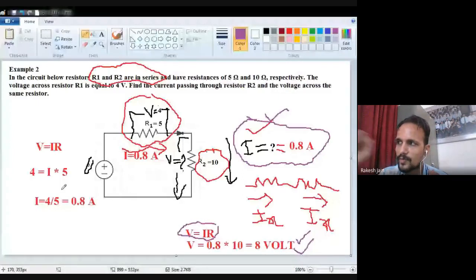We put a 5 ohm resistance and a 10 ohm resistance in series, use a battery, and put a 4 volt across the R1 resistance. Then by connecting the multimeter across this 10 ohm resistance, the voltage will be 8 volt, and we will prove that these kinds of numericals exist because of Ohm's law and the basic rules of resistances which we used. So practically we will also do the same things to find the answer.